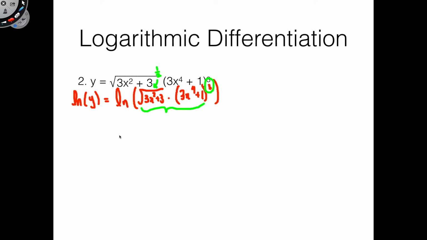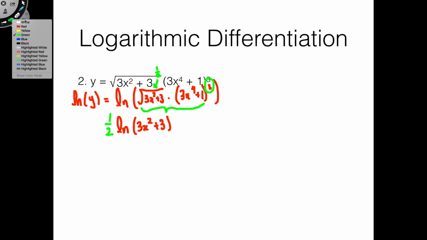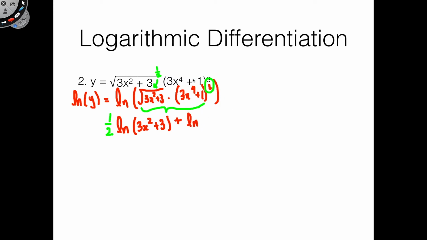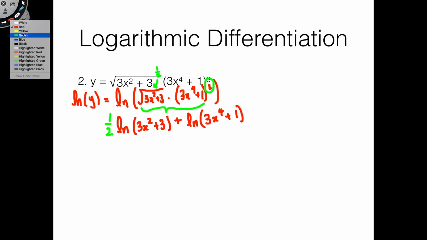So number one, we'd have ln of 3x squared plus 3, and then we've got the 1/2 power down up there, so we could bring that down here. All right, plus, because we're adding our logarithms, we have the ln of 3x to the 4th plus 1, and we've got that 3 down here.